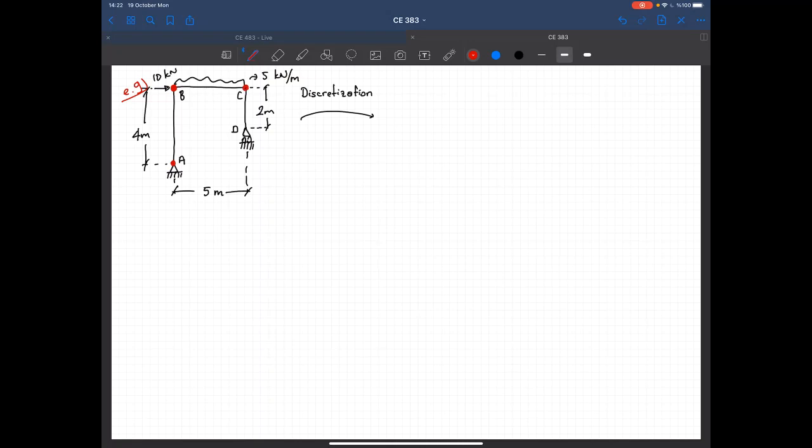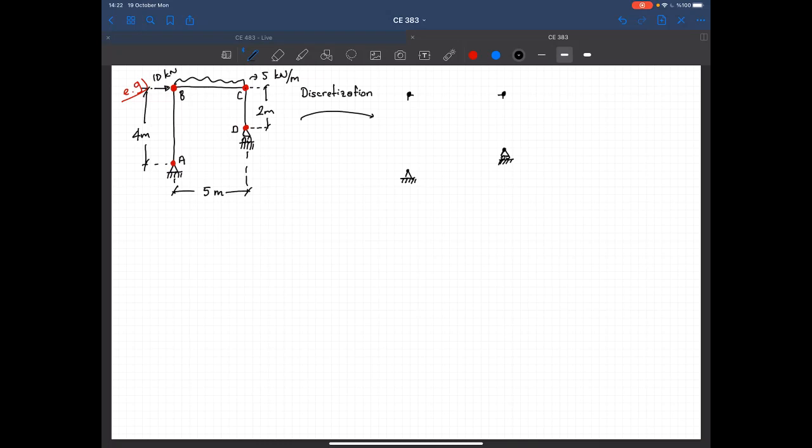At point C, I should have a node, and at point D, I should have a node. So let's draw the nodes first. Point B, point C, let's show it this way. At point A, I have a pin support, and I have a roller support at D.